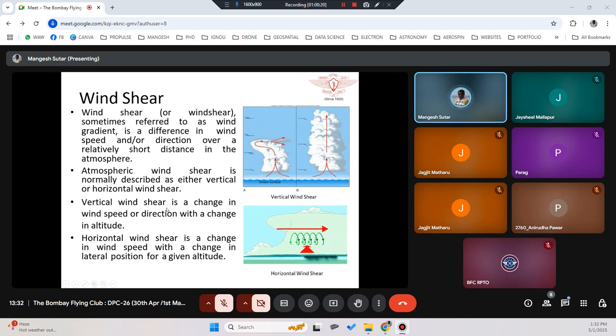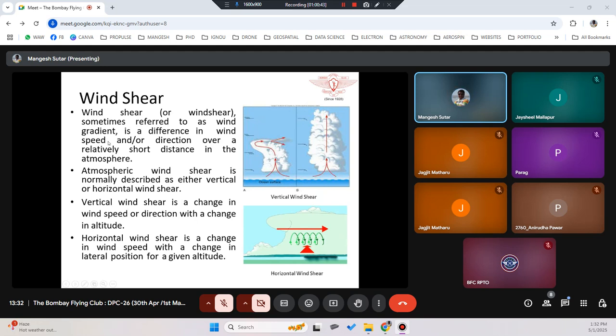Okay, so vertical wind shear is a change in wind speed or direction with the change in altitude. Okay, so you can see altitude, whereas horizontal wind shear is a change in wind speed with the change in lateral position at a given altitude. You can see here lateral position, right? Horizontal position. So that is how you define the two different types of wind shear.